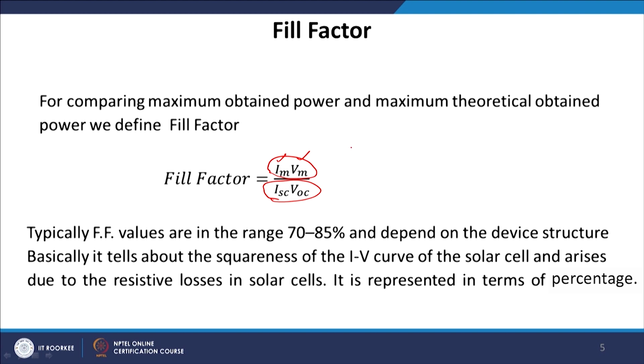So, Im Vm is the maximum power which we can get from the device if it is an ideal solar cell. But in reality what we get is ISC times VOC, the short circuit current times the open circuit voltage. So, the maximum current and the maximum voltage we cannot record. What we record is the short circuit current and the open circuit voltage.